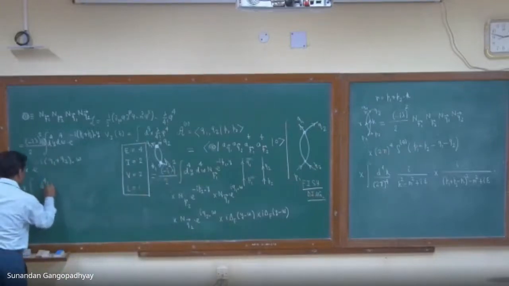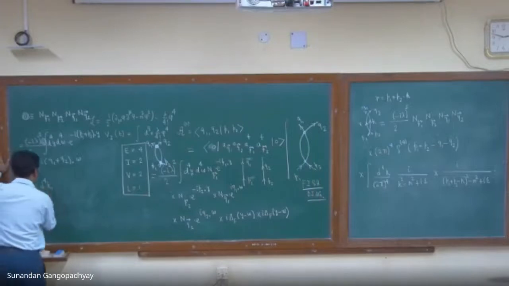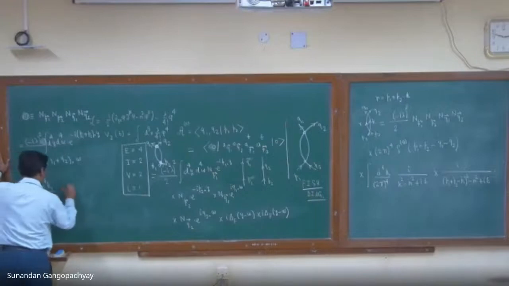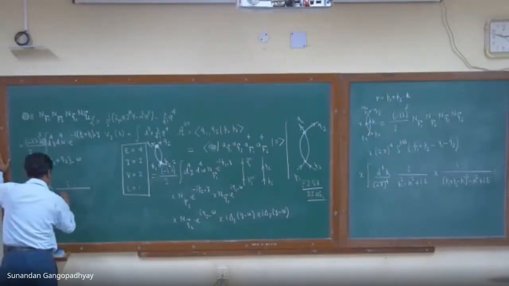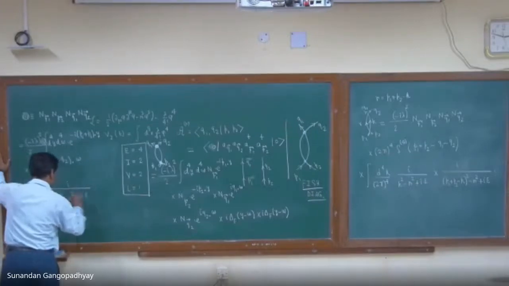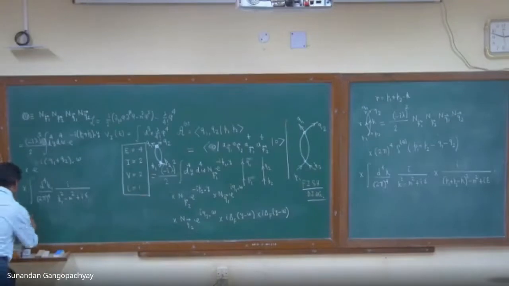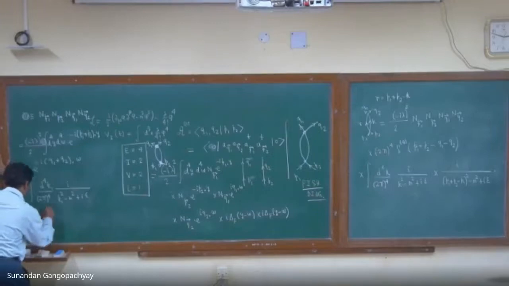This is d^4k1 by (2 pi)^4, i divided by k1 squared minus m squared plus i epsilon, multiplied by d^4k2 and so on.